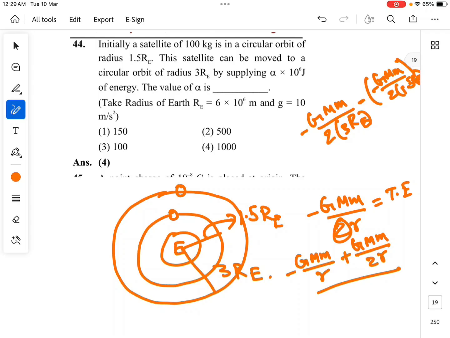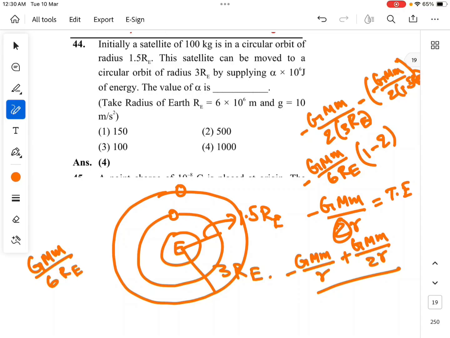First of all, 1.5 can be written as 3 by 2, so 2 will go up, and you'll get GMm by 6RE common, with a minus. This will be 1 minus 2. Okay, so you'll get GMm by 6RE.